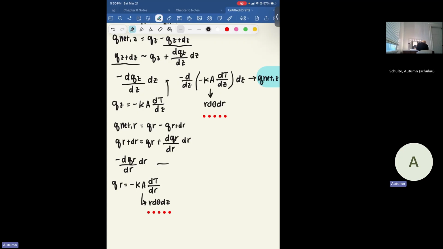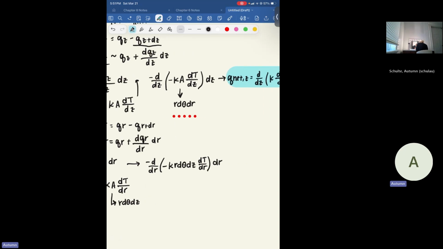So if we plug this in, we're going to have negative the differential with respect to our radial position times the negative thermal conductivity times r d theta dz times the derivative of our temperature with respect to r times dr.